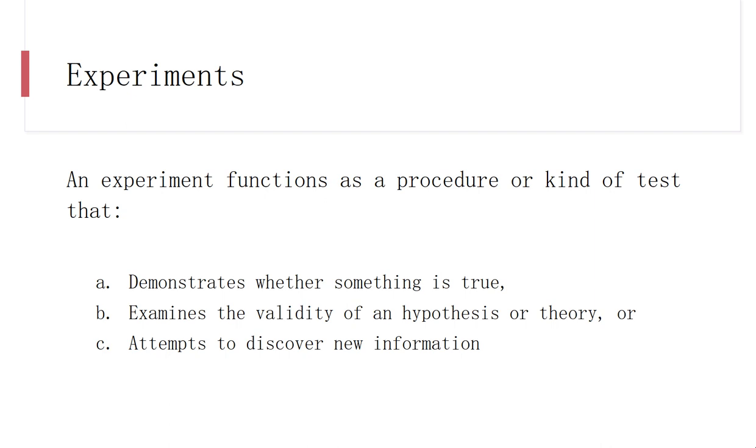Or it tries to discover new information. If you take the example of 2008, people wanted to identify whether the internet and social media were playing a role in the fall of five different states at that point of time into the hands of the opposition. So you can discover new information.